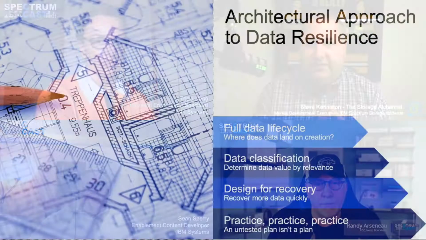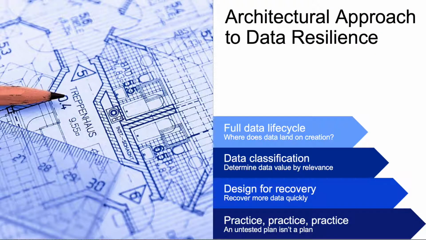The four key things come out as understanding the full life cycle of your data from the moment it's either created or copied to your system and you need to use it for these applications, all the way through to what is death of your data. Do you delete it? Do you just have it for long-term archive? But understanding that process is important. I think classification, which we've talked about a lot, is important.